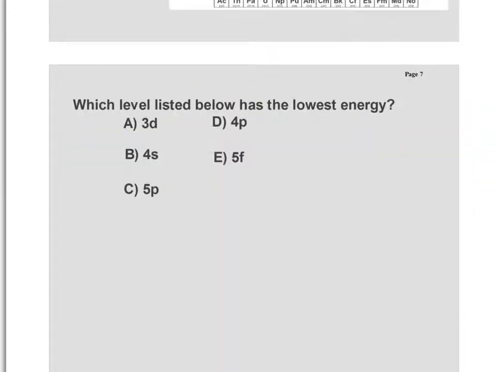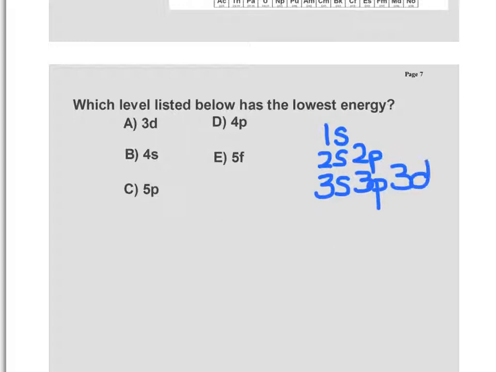All right, next question, which level below has the lowest energy? All they're really asking you here is to remember our order of filling. So it was 1s, then 2s, and 2p. This is the order of lowest energy when we follow the arrows. So 4p, 4d, 4f, 5s.